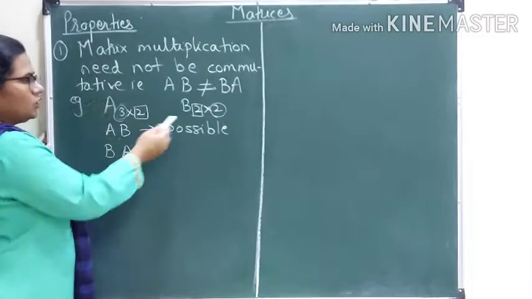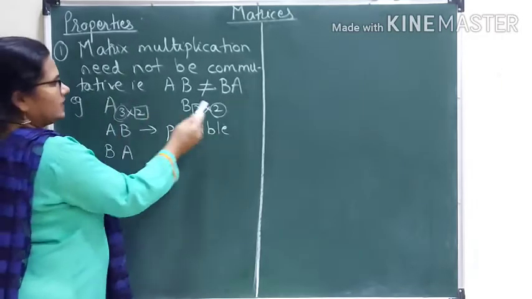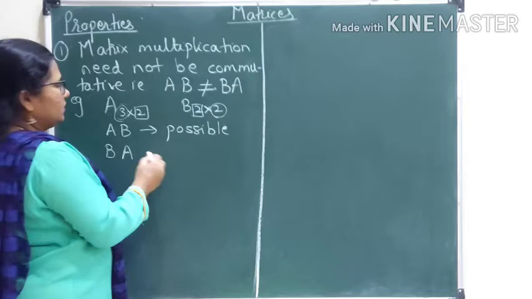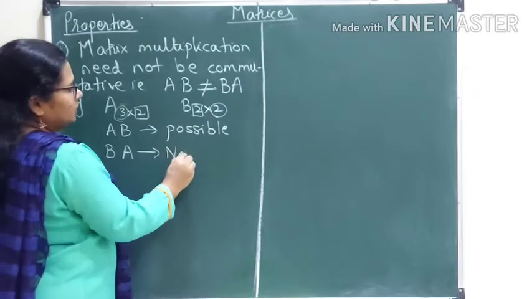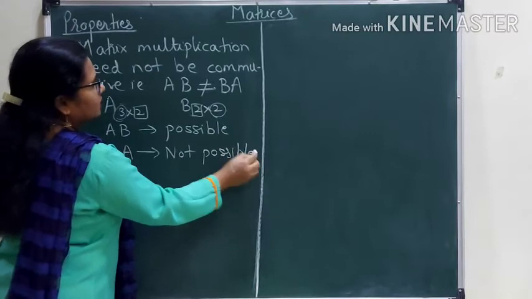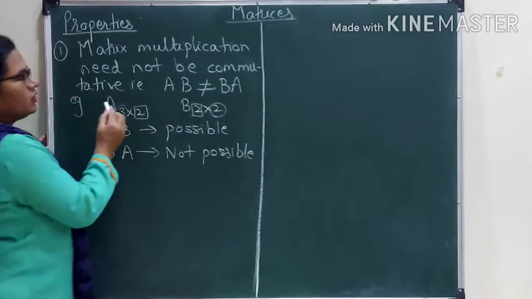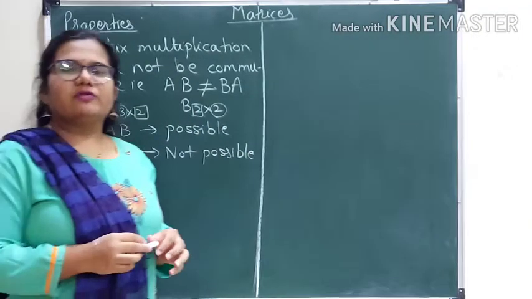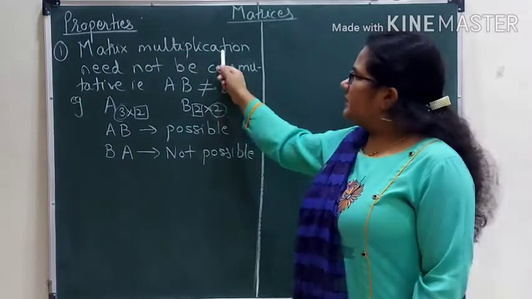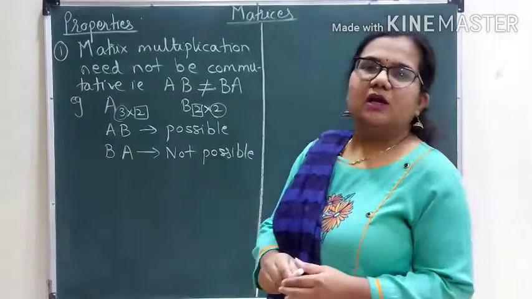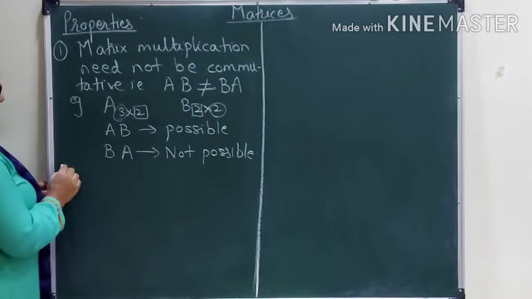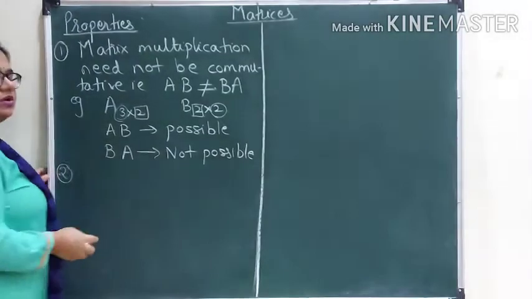So B into A is not possible, because the number of columns of B is not equal to the number of rows of A. So matrix multiplication need not be commutative: A into B is not equal to B into A.